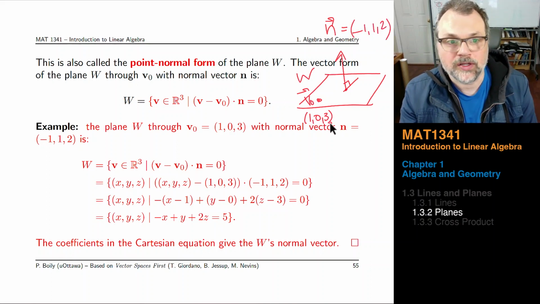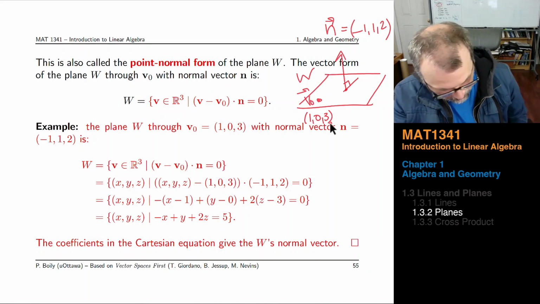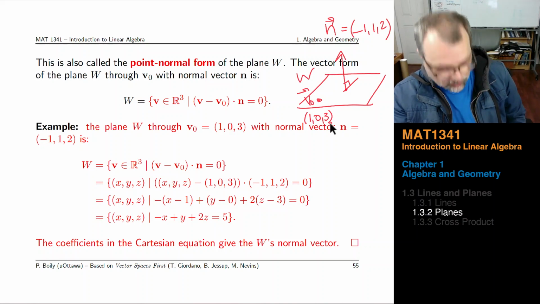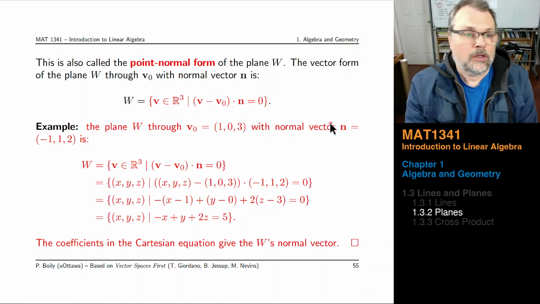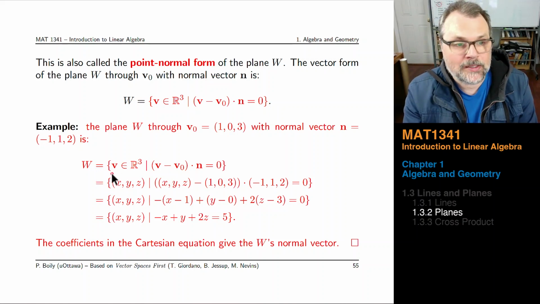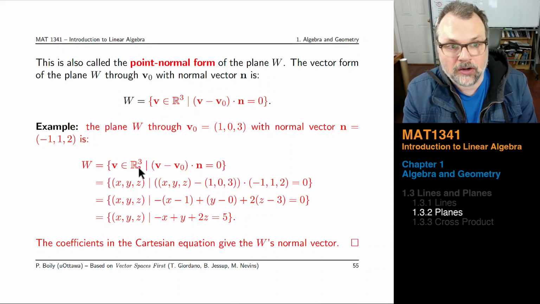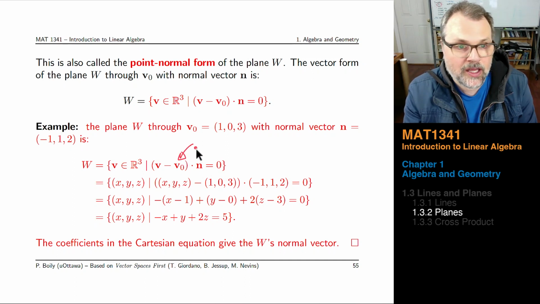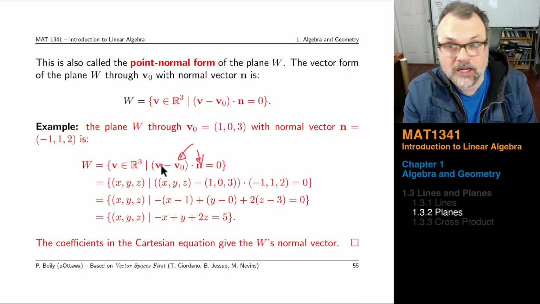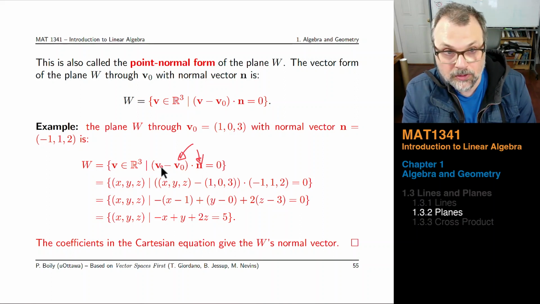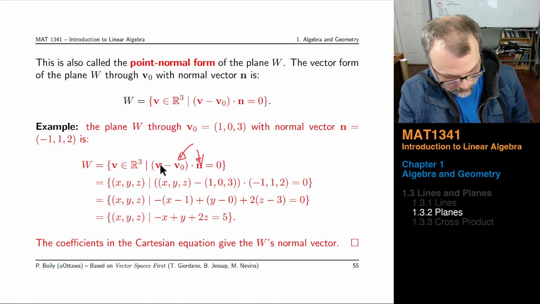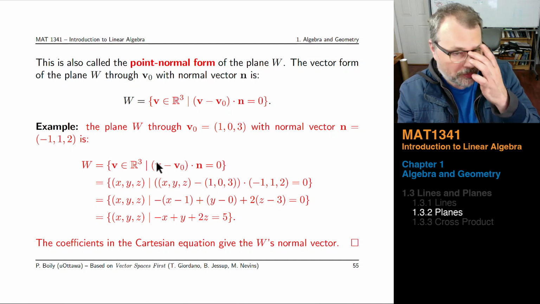That's the plane in question. Well, what's the equation according to the point normal form? You can write W as the set of all vectors in R3 for which V minus V0 dot product with n is 0. Here V0 is given, n is given, V is not given. These are the variables.